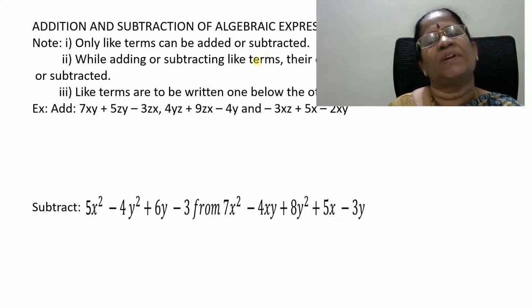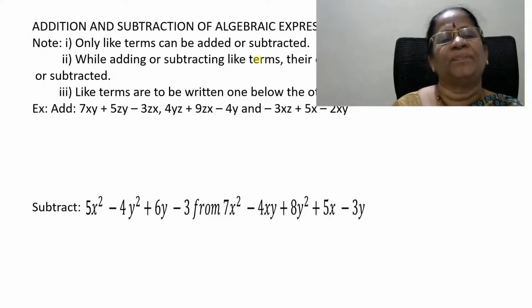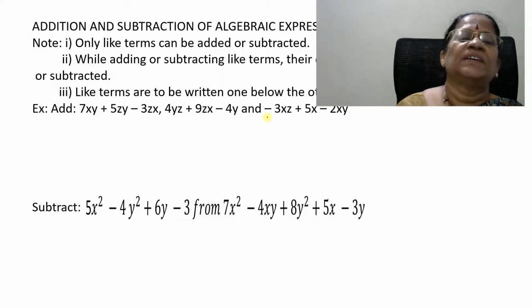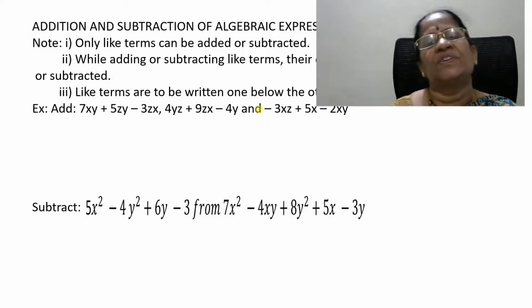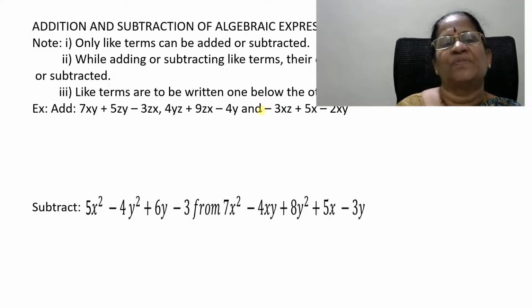Suppose you have different variables, then you cannot add them. Unlike terms can never be added or subtracted. Then, while adding or subtracting like terms, their coefficients are to be added or subtracted. Third one is like terms are to be written one below the other, so as to facilitate the addition or subtraction in a more easier way.